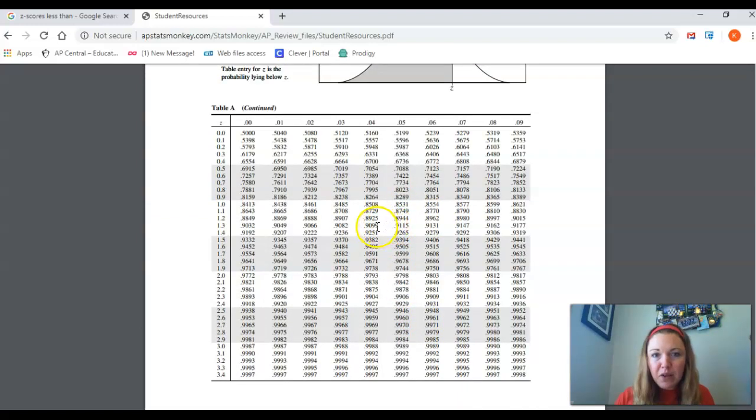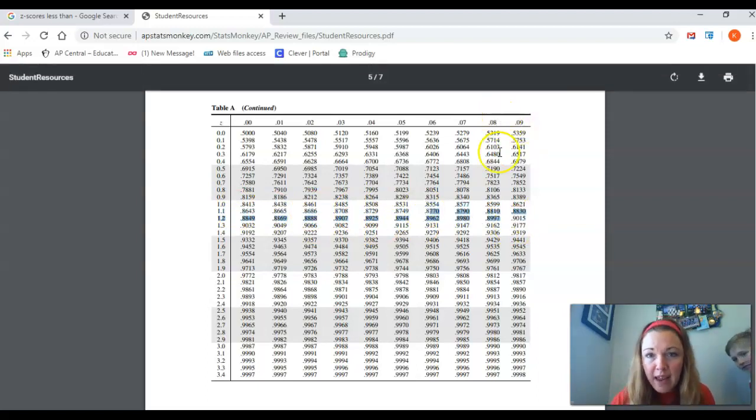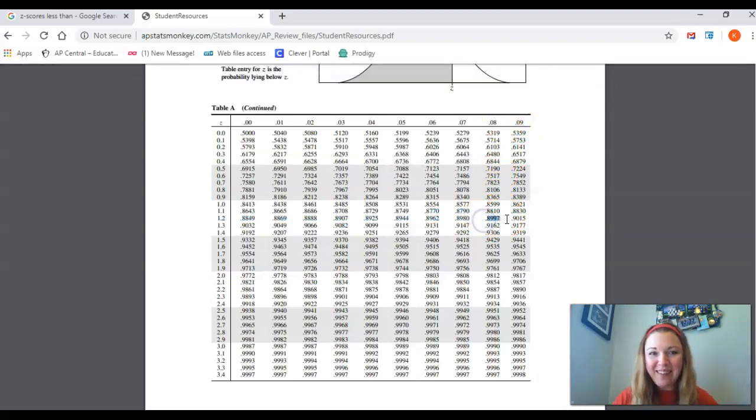Okay, so the closest one to 0.90 is 0.8997. You find the z-score that goes with it, 1.28. So 90th percentile is right here. 1.28. And then you put it into that Z-score formula and solve for that observation.